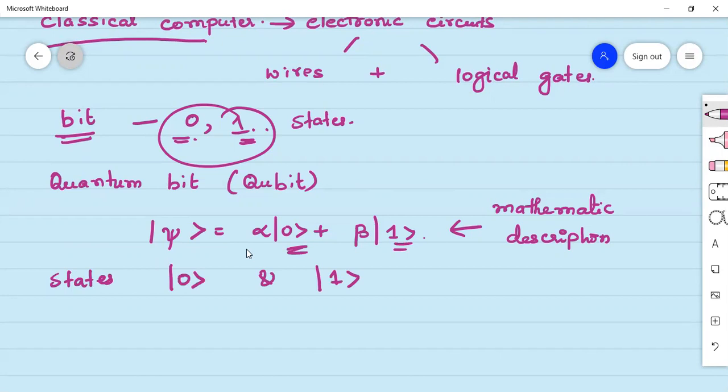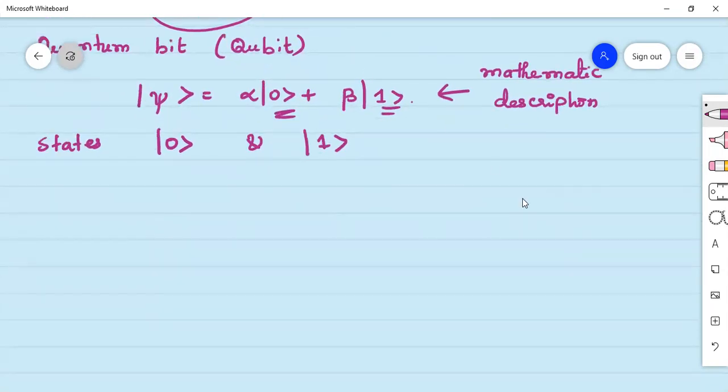But you should also remember that unlike classical computers, which can always be only in one of those two states, a quantum computer can be in more than these two states. Okay, so a qubit can be other than these two.